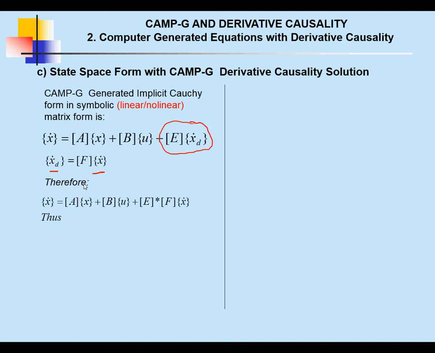So if you do that, you could have the original plus now this, because I'm writing for a whole set of equations, these are several equations, and so are these. Okay, so x dot will have to be equal to Ax plus Bu plus E times F times x dot. Yeah?